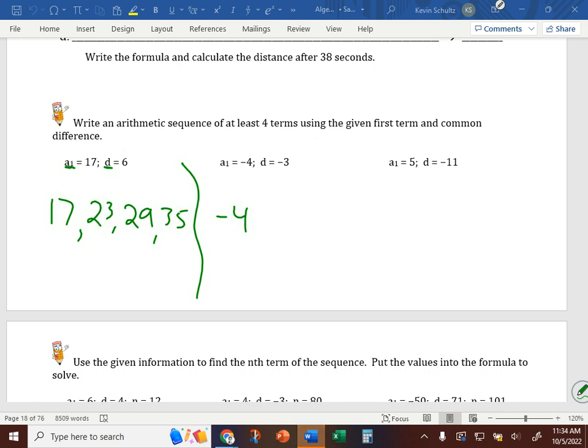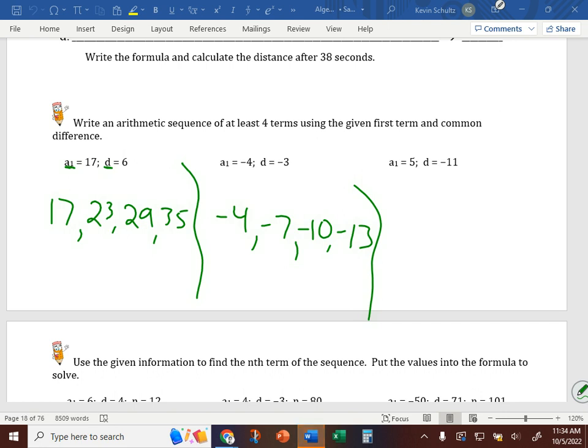And what would the next term in this sequence be? Fultinsky? -7. This time we're subtracting 3, right? A negative common difference, we're subtracting. So -7, and then, anybody? -10, and then -13. Okay. Do the next one on your own.